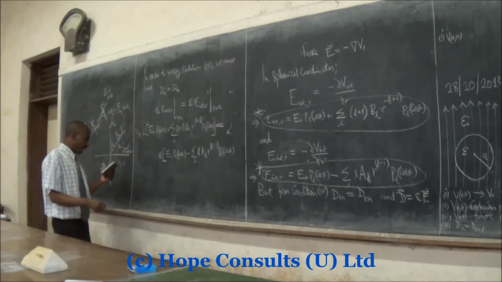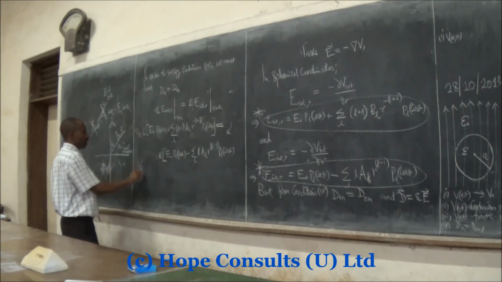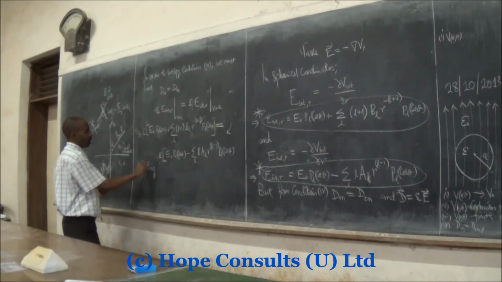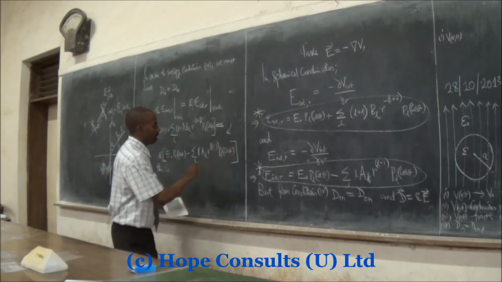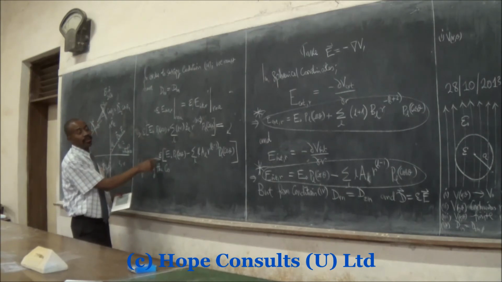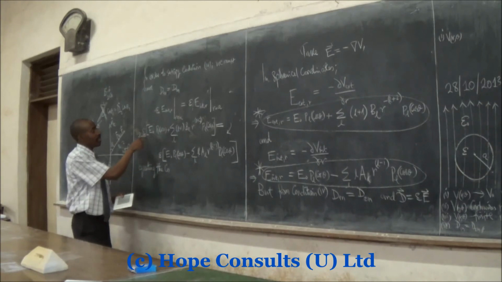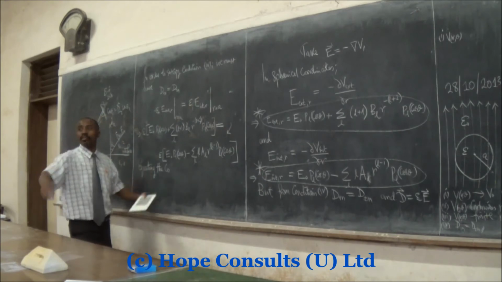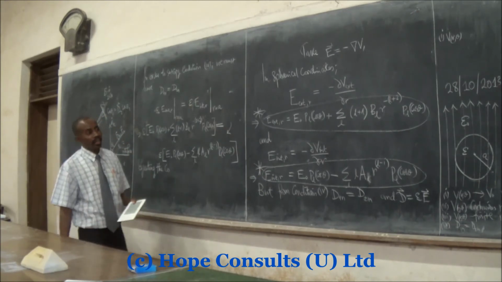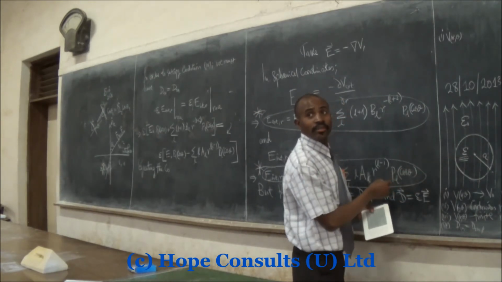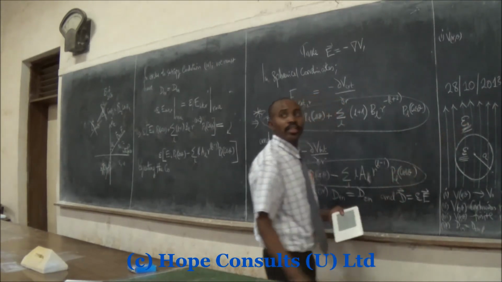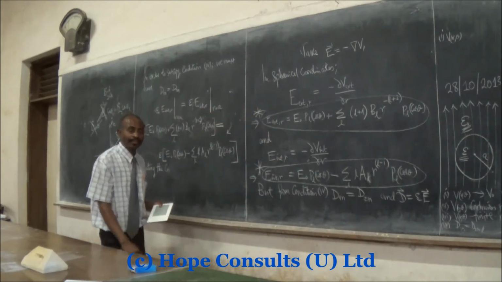So equating the coefficients, yes please. Equating, this one is for interior, we are multiplying by the epsilon. For the exterior, we are multiplying by the epsilon naught, because that is the milieu in which this is inside the sphere. This epsilon naught is outside the sphere.